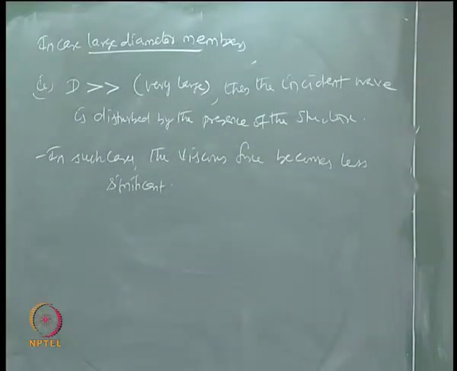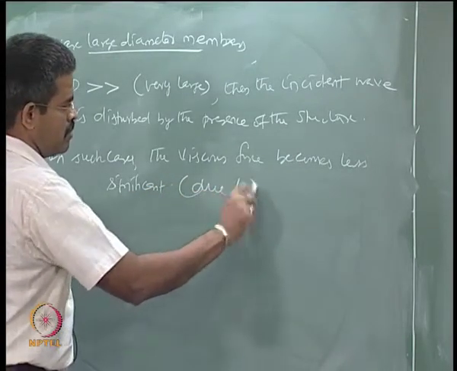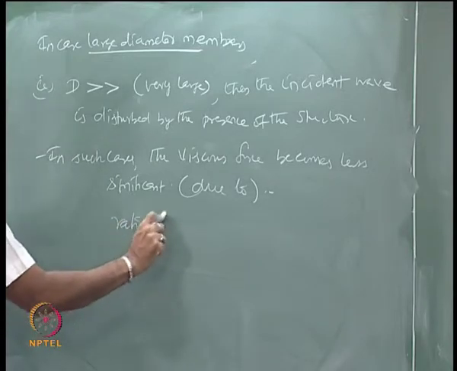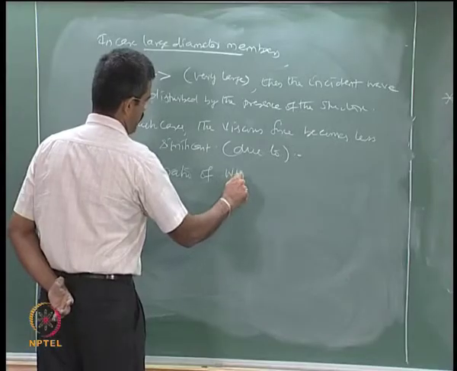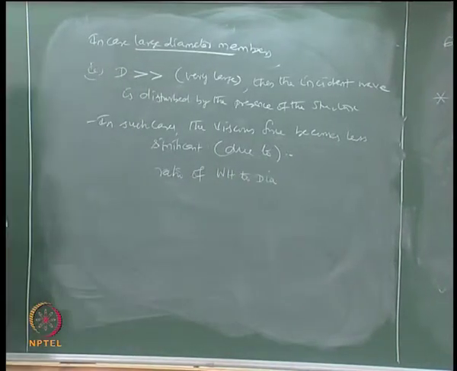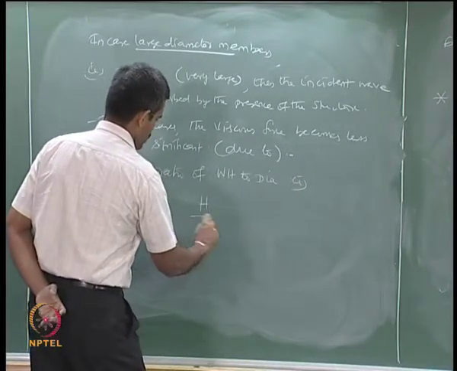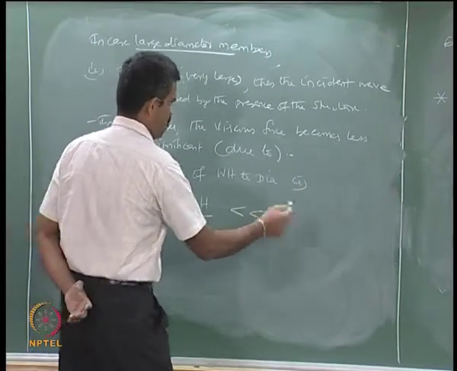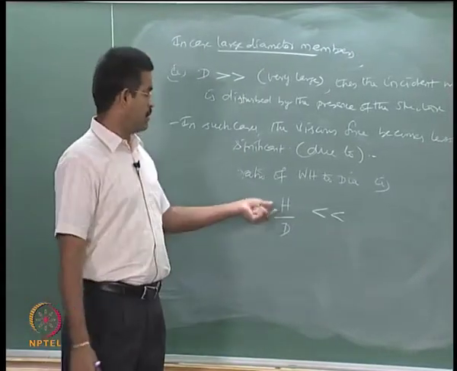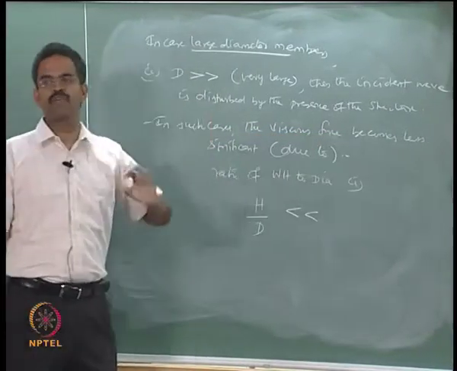This is because the ratio of wave height to diameter, that is H by D, will be very small. The diameter is very large compared to the wave height, therefore the viscous force becomes less significant in your calculation.